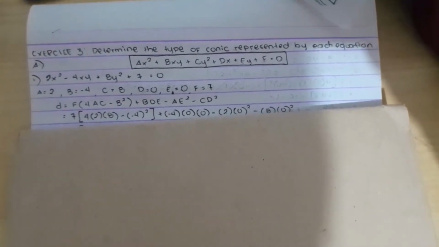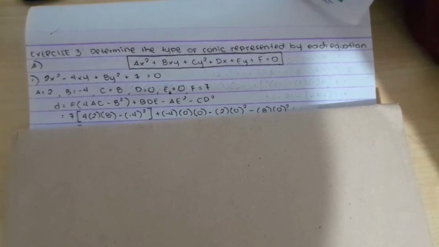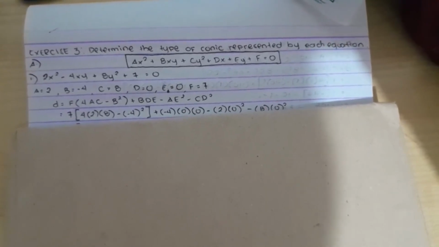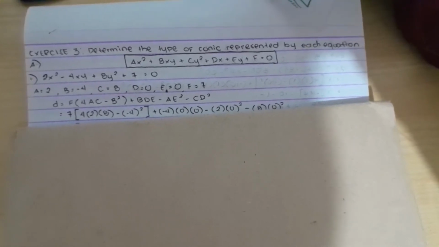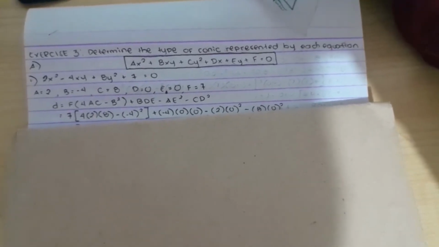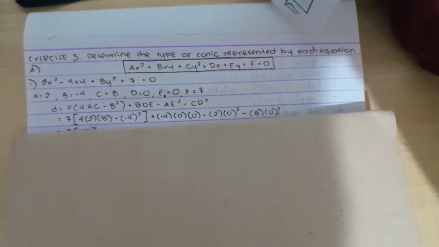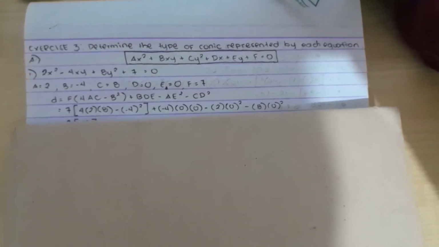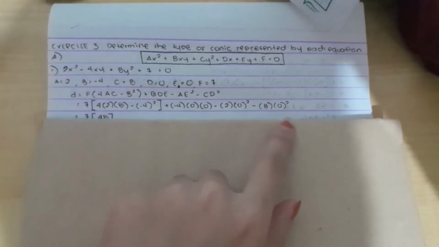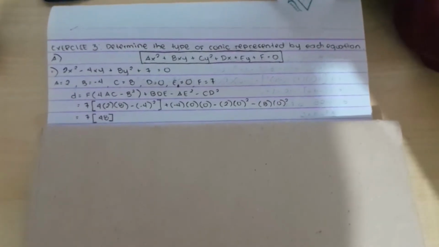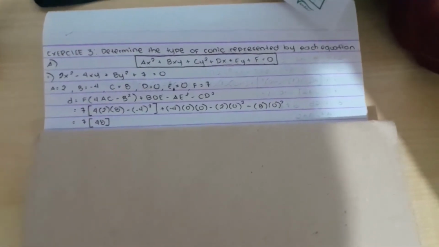Ayan, substitute. 7 times 4 times 2 times 8 minus negative 4 squared plus negative 4 times 0 minus 2 times 0 squared minus 8 times 0 squared. So, ang sagot dyan is, since 0 na tong lahat, any number that can be multiplied by 0 is equal to 0. So, bali ang sagot mo dyan is 7 times 48.